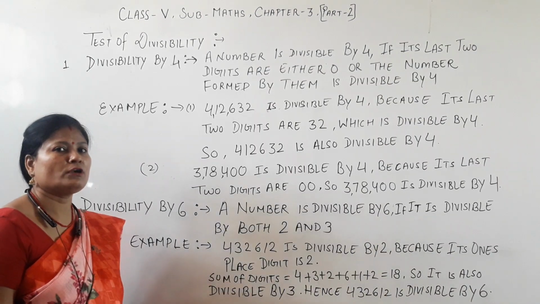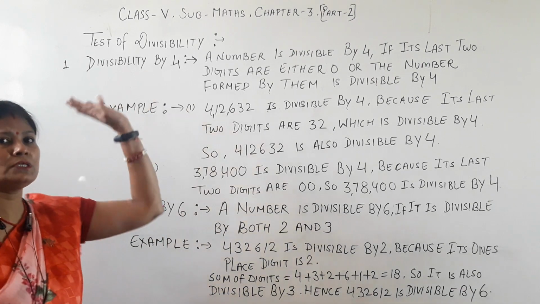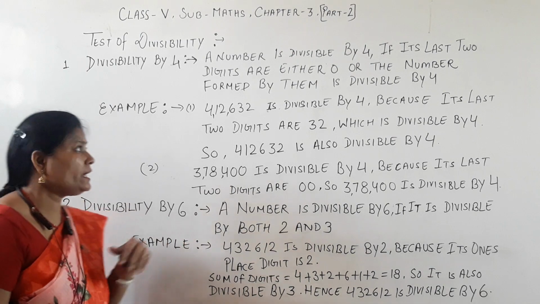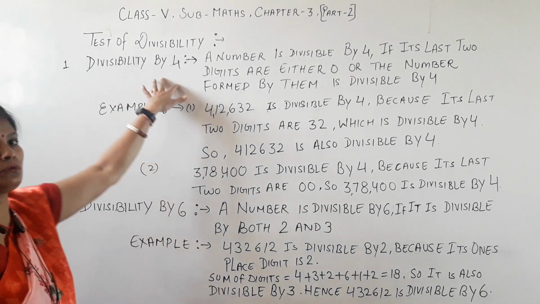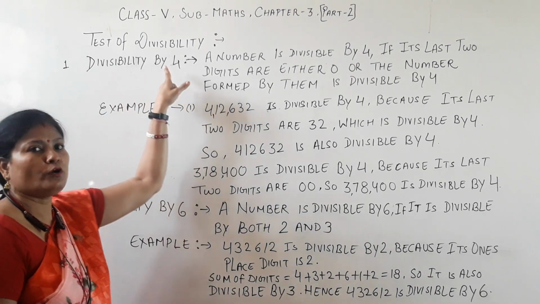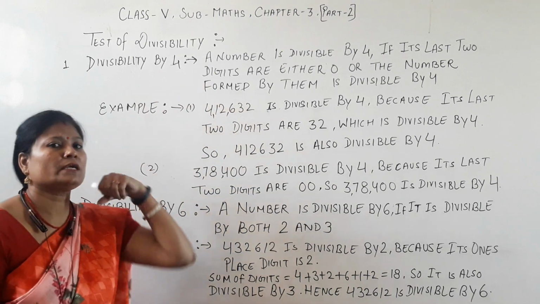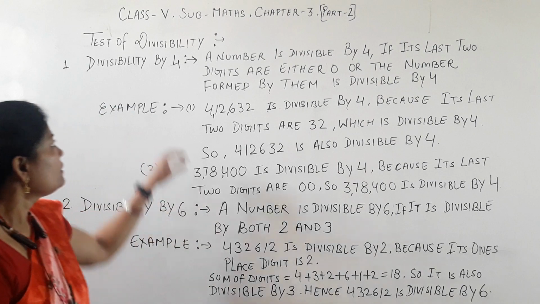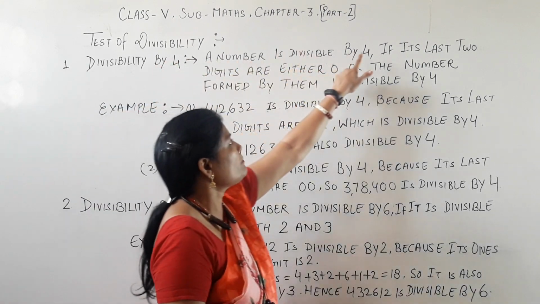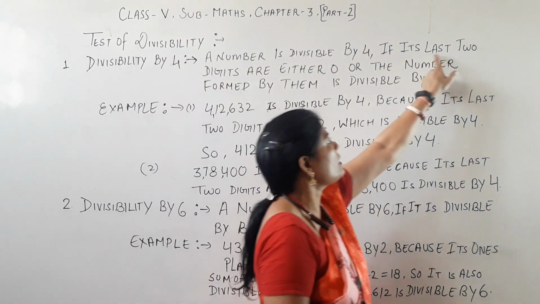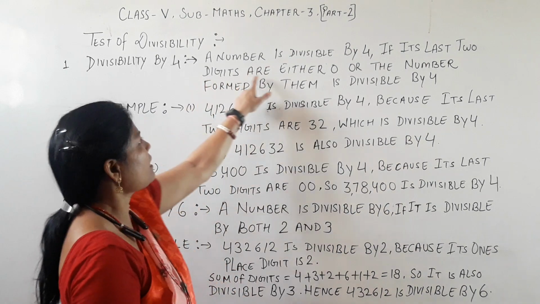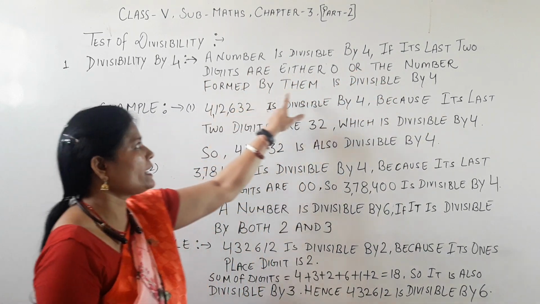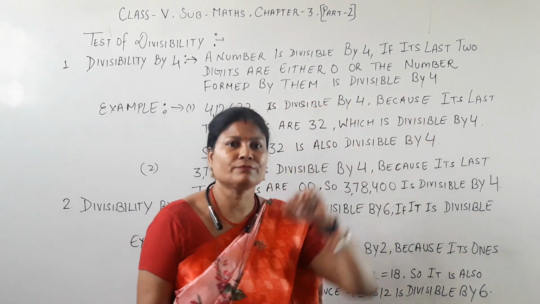Yes children, we have already learned the divisibility rules of 2, 3 and 5, and we are moving to the divisibility rule of 4. How do we know that a given number is divisible by 4? Let's check. A number is divisible by 4 if its last 2 digits are either 0 or the number formed by them is divisible by 4.